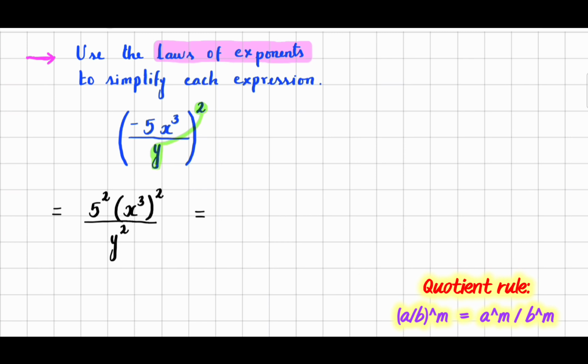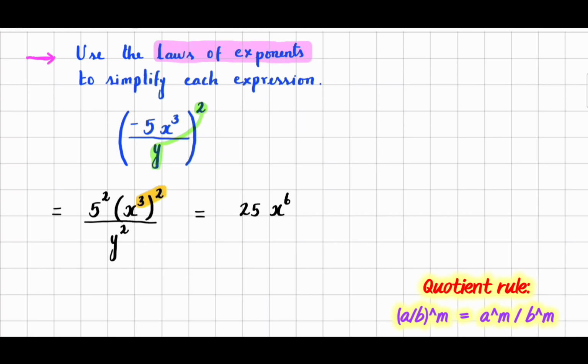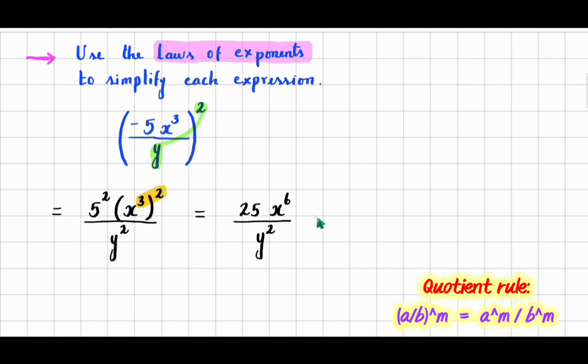So we have 5 squared is 25, then x cubed whole squared is x to the power 6, since when you have a power to a power, simply multiply the exponents, and divided by y squared. That's it, we're done.